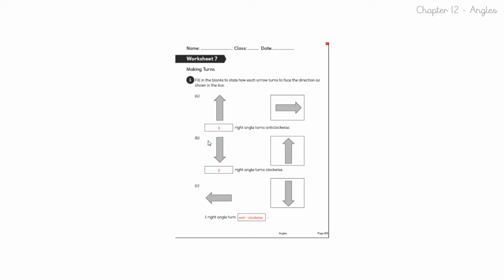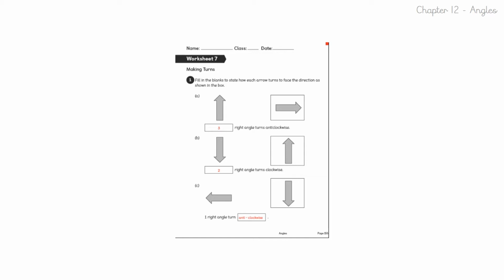Figure B needs to turn 2 right angles clockwise. From here clockwise 1 and 2, and then it'll be facing upwards. And now figure C needs to do a right angle turn anti-clockwise, and it will look like this. Then it will be facing down.